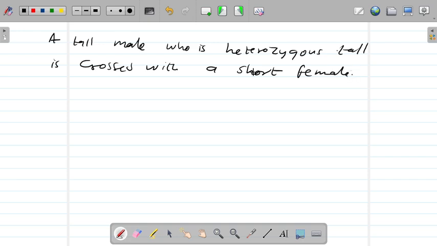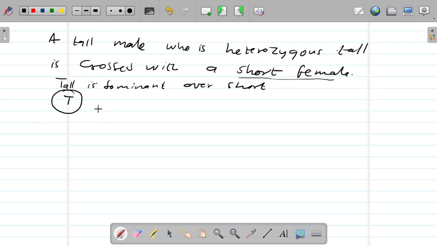Usually when we don't say she's heterozygous or homozygous, we tell you the height tall is dominant over short, and they are both represented by the letter T. We'll choose capital T to mean dominant and small letter t to be recessive. So let's see this now.